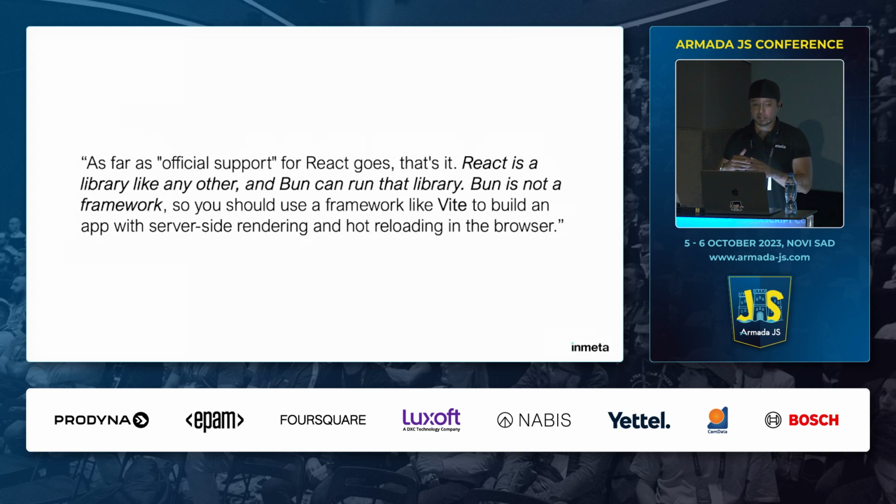But Bun is not a framework, so you should use a framework like Vite to build an app with server-side rendering and hot reloading in the browser. It's just a runtime in this sense. And another thing that I noticed in Bun, it's only available for Linux and macOS users. Windows is not yet supported. But you can try it. It's really fast if you're using Mac.